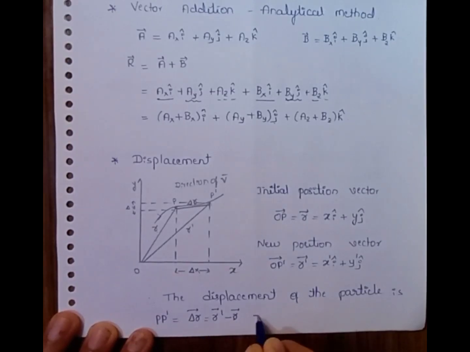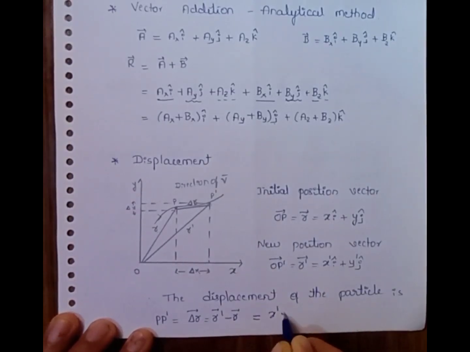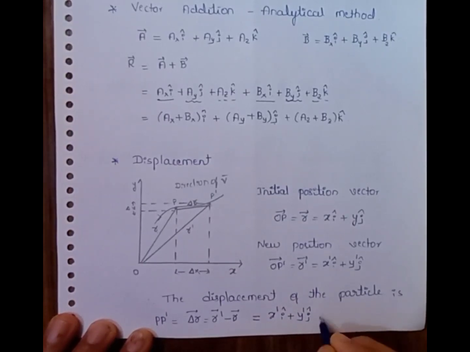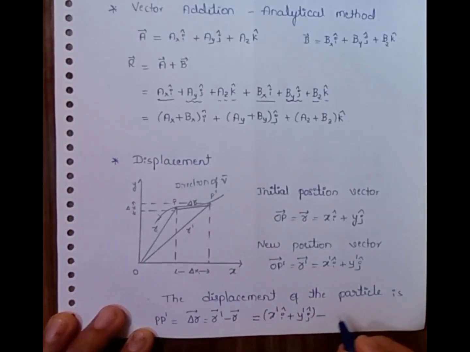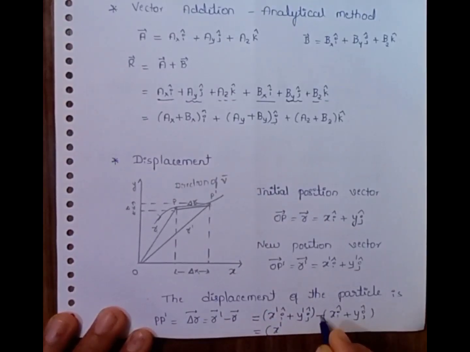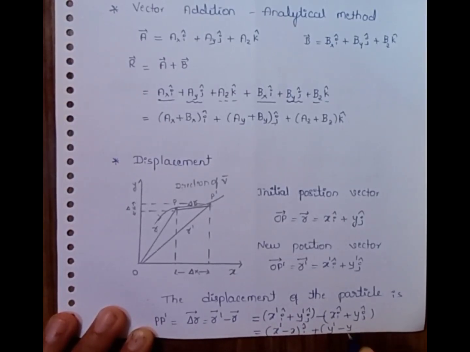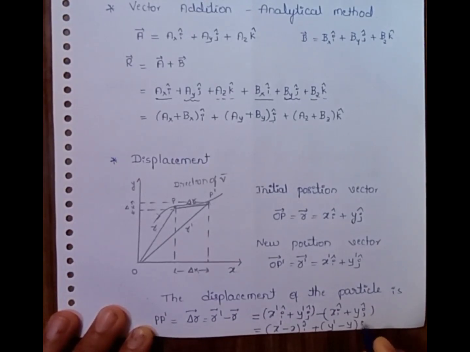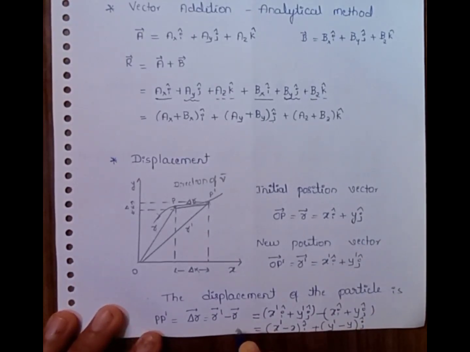The value of r dash is x dash i cap plus y dash j cap, and r is x i cap plus y j cap. Finally we will get (x dash minus x) i cap plus (y dash minus y) j cap. This is the displacement of the particle.